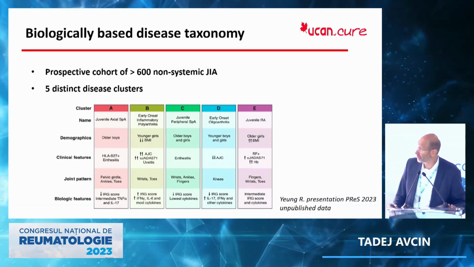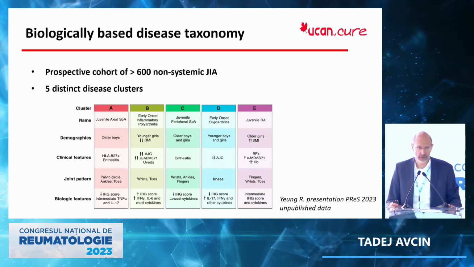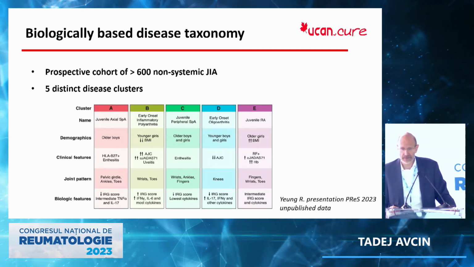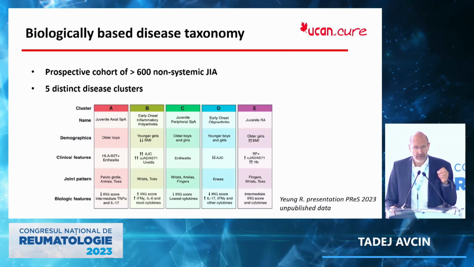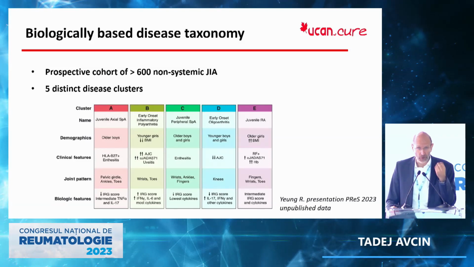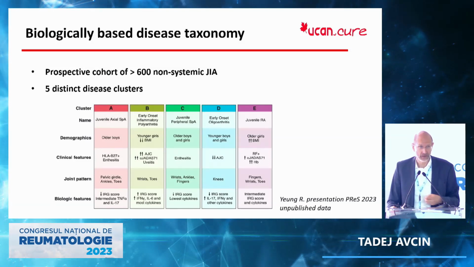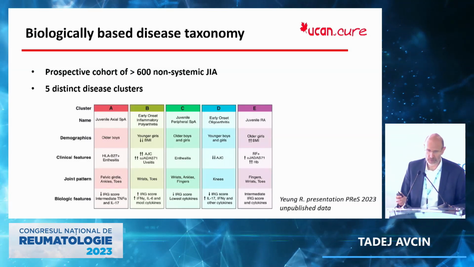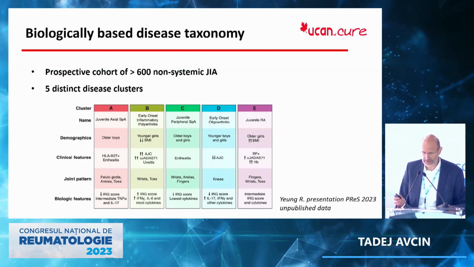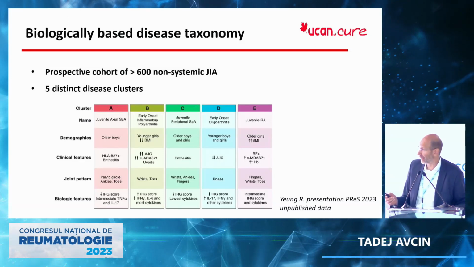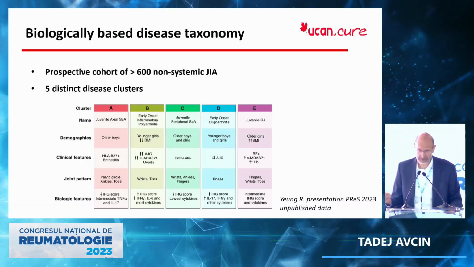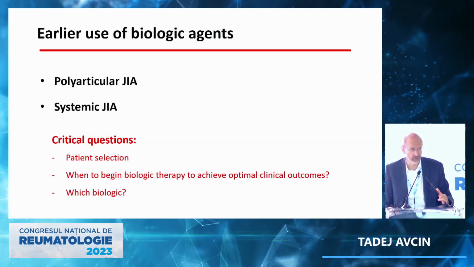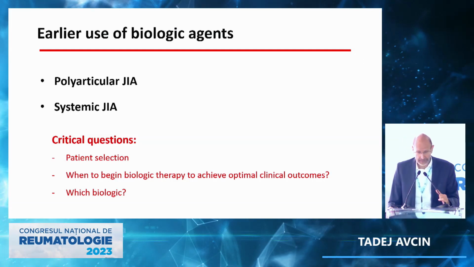And in the blue column, you can see early onset oligoarthritis in younger boys and girls, mainly monoarthritis, like a knee monoarthritis. Then there was one group with juvenile peripheral spondyloarthritis linked with enthesitis. We are expecting publication of this data soon.